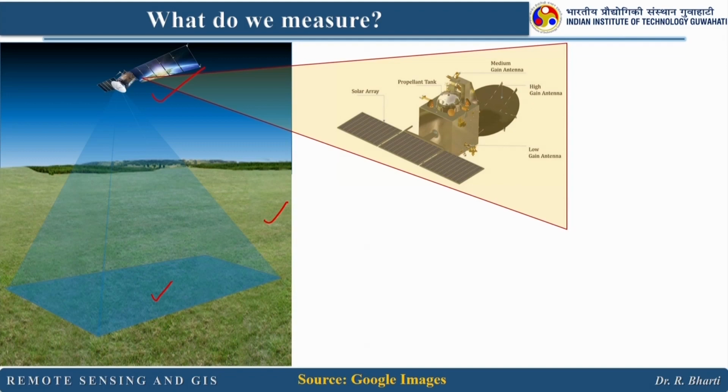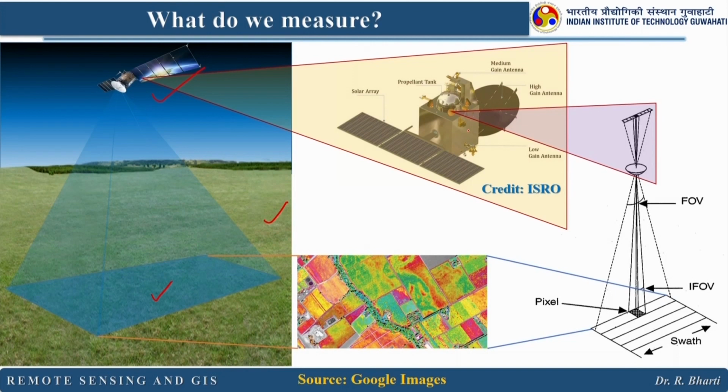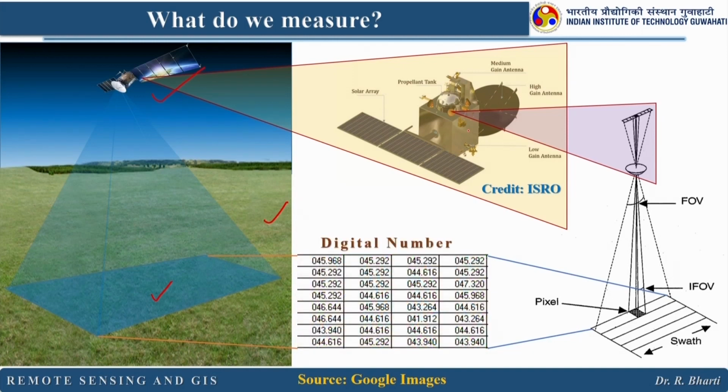Those sensors have detectors, and those detectors capture your pixels, and then you generate an image. We think we measure an image, but basically we measure digital numbers, only these values mentioned here.